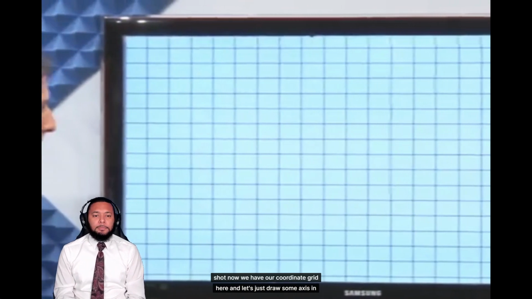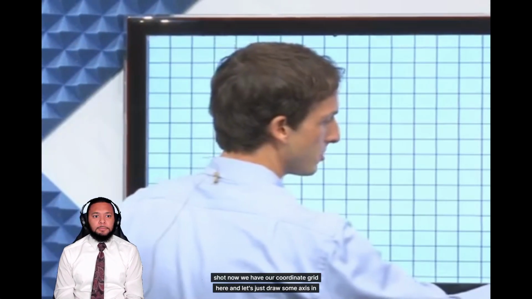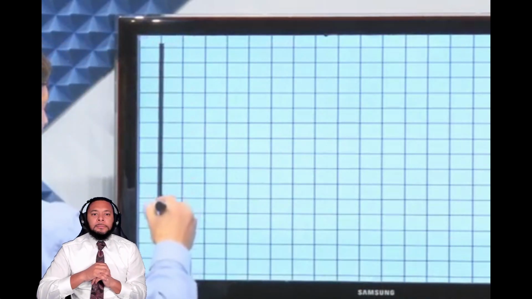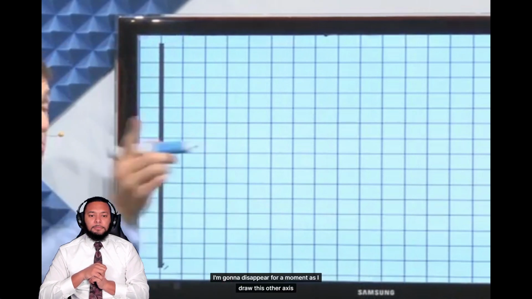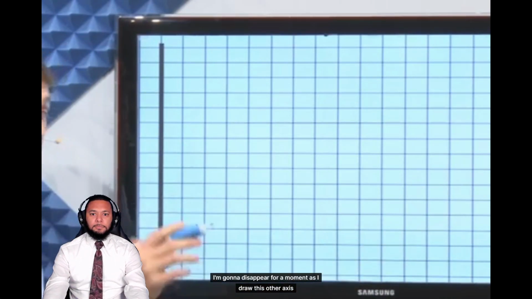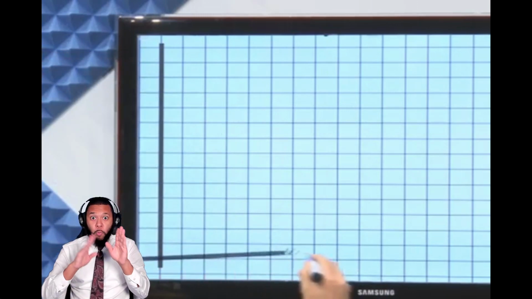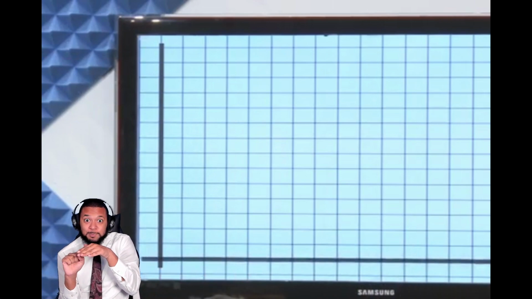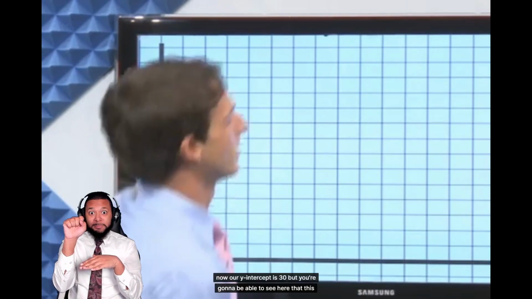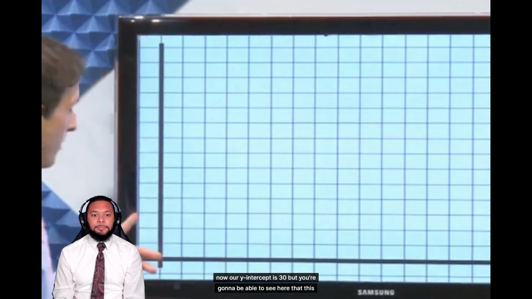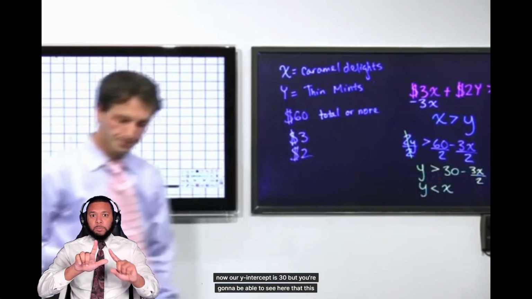Now we have our coordinate grid here, and let's just draw some axes in here. I'm going to disappear for a moment as I draw this other axis. Don't worry, I'll come right back. Now, our y-intercept is 30.